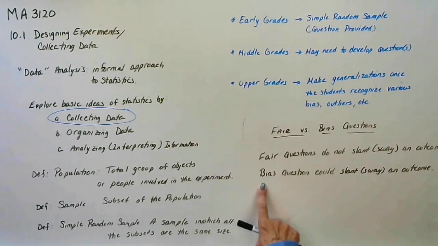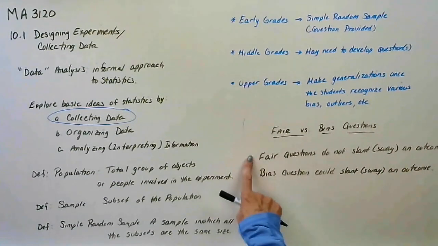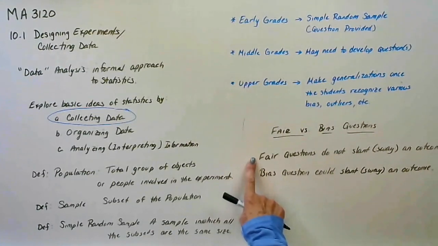Or another classic is just one word difference. Hopefully this doesn't bother anybody, but it kind of gets the idea across. Have you kicked your dog lately? And you think, well, that's awful. It's either yes or no. Let me rephrase.